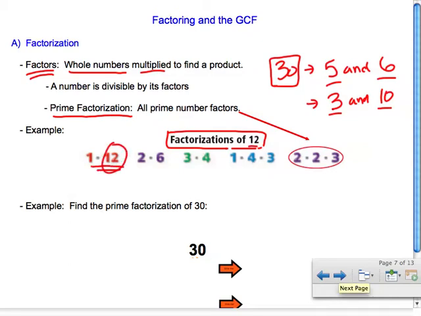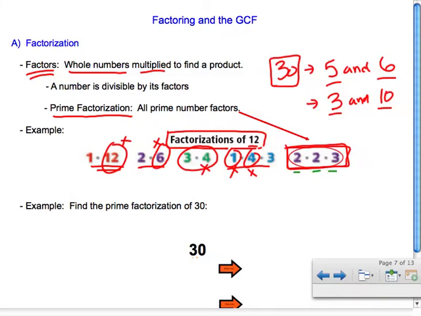But the thing is, 12 isn't prime. 2 and 6 make 12, but 6 isn't prime. 4 and 3 make 12, but 4 is not prime. And again, we don't usually put the 1 because it's not any extra information than we already know. So this here is the prime factorization of 12. In this case, we have 3 numbers that we have listed. It could be 4, it could be 5, it could be 6, it could be just 2. The number 5, its prime factors would just be 5 because it's a prime number.